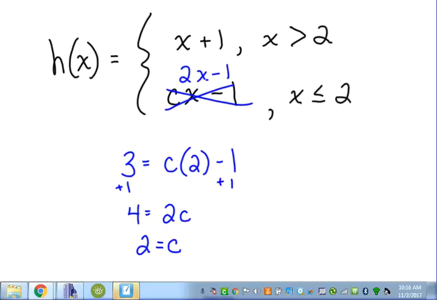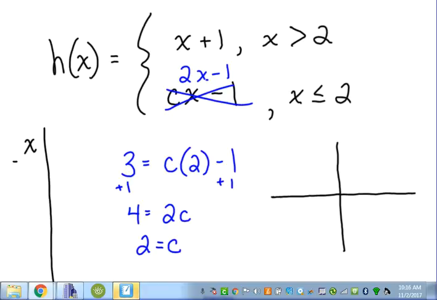Now let's graph it. Okay, we know it's supposed to be continuous. Let's see if it really does end up being that way. All right, let's make a table. I think it makes more sense when we make the table. So we change at 2. So we need values less than 2: 1, 0, negative 1, and then 2, 3, 4.